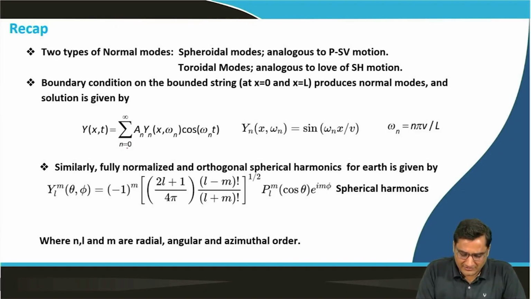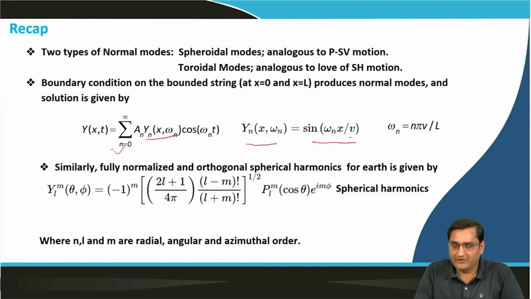So the summation goes like this. Here you can see there is the spatial eigenfunction, and omega_n is the eigenfrequency. cos(omega_n t) defines the sinusoidal wave, and the spatial eigenfunction is defined by sin(omega_n x / v), and omega_n is n pi v / l, which means that the eigenfrequencies are separated by pi v / l.